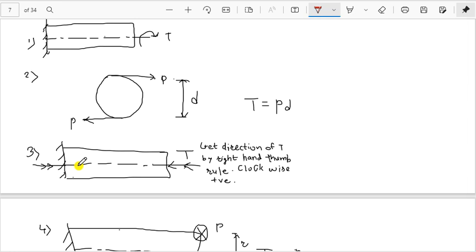Again, third way of representing torque is like these two arrows. Now, whether the direction is clockwise or anti-clockwise, we can find it by using right hand thumb rule.